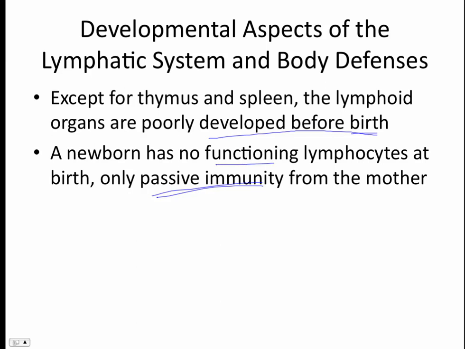Remember, all of those lymphocytes are going to be immature, immunocompetent. However, only when they come into contact with that antigen will they become fully mature active cells, right? All active B cells and T cells. And of course, the only antibody crossing from mother to fetus is IgG. Okay? And that's it for chapter 12.